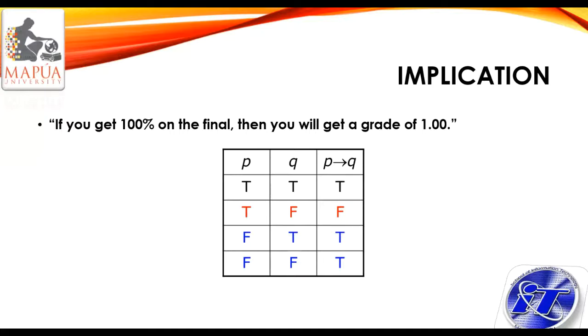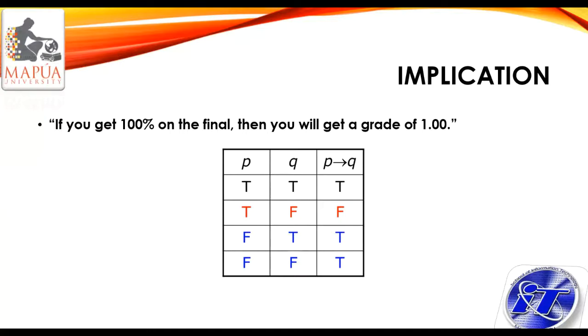Therefore, the statement is true. So that's the logic behind implication. As long as the conclusion is met, the statement is true even if the premise is not achieved, for having a different value for the premise and the consequence.